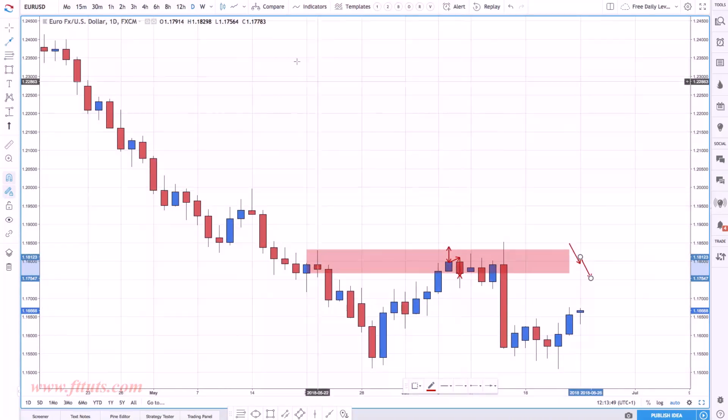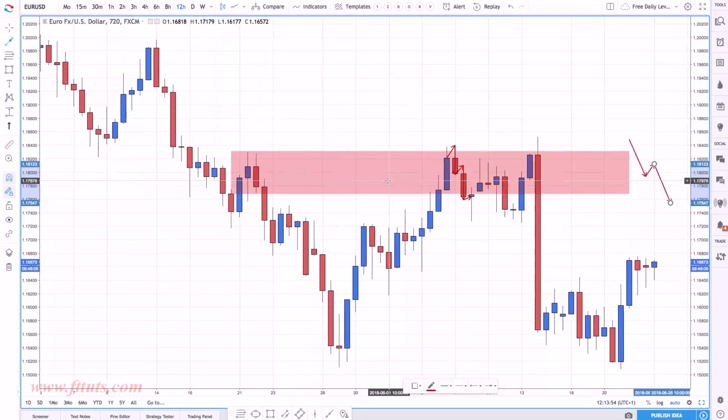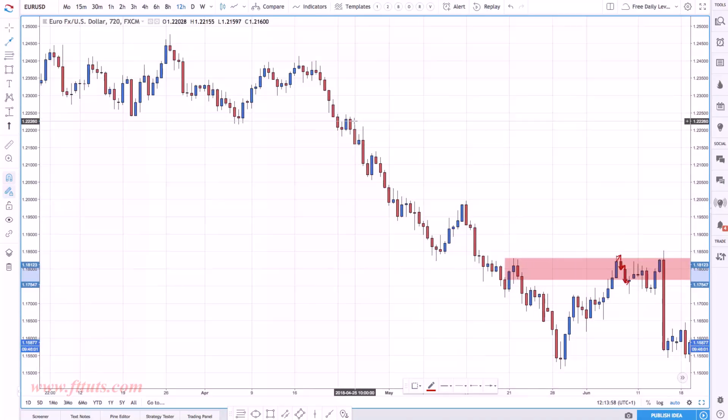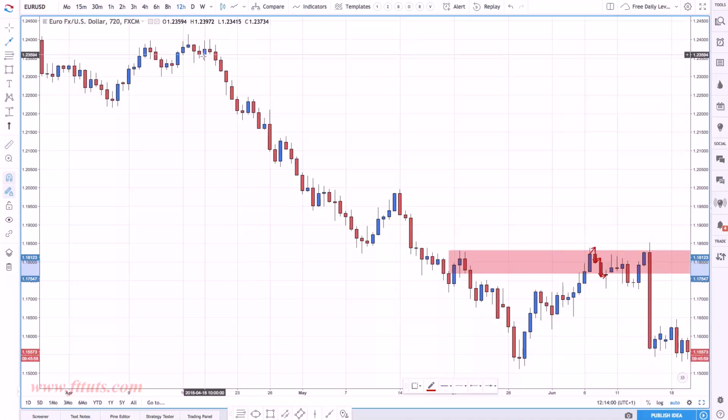And what you'll see is, if we go to, for example, the 12-hour, when you see these trend examples, you've got a bullish candle right here, and then you've got the two candle trend entry right here.